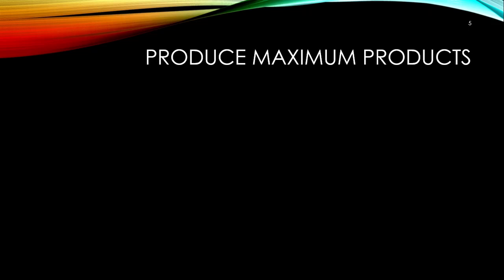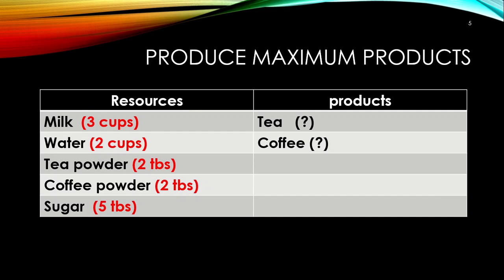Here our problem is to produce the maximum products out of these resources. I have some quantity of resources with me. If I consider milk, 3 cups of milk, 2 cups of water, 2 tablespoons of tea powder, 2 tablespoons of coffee powder, and 5 tablespoons of sugar.